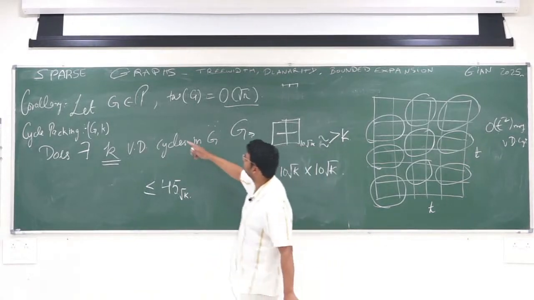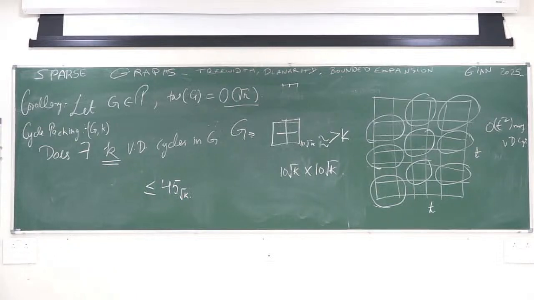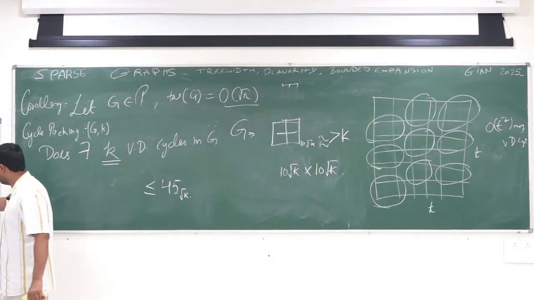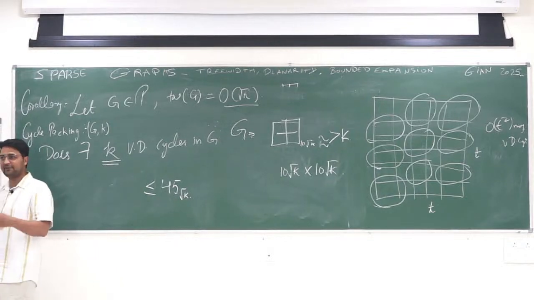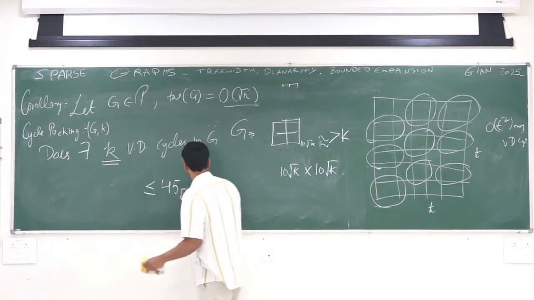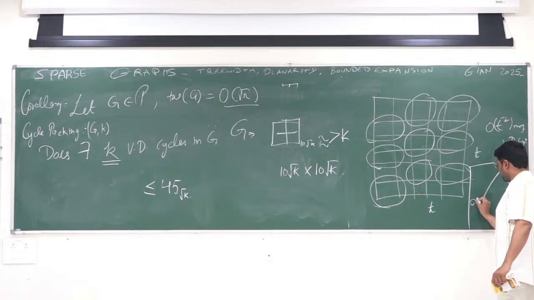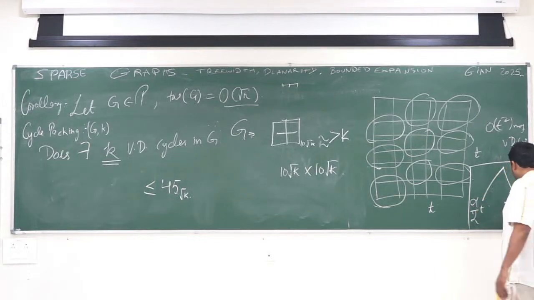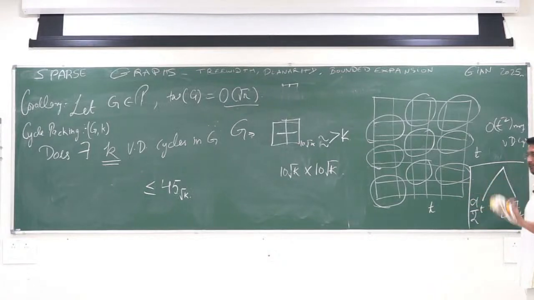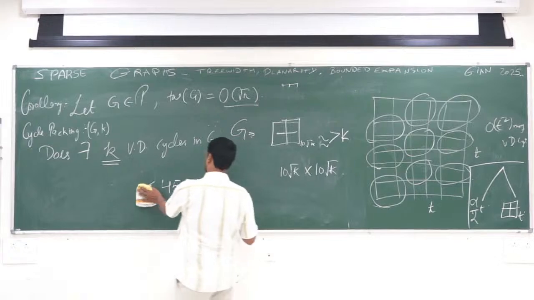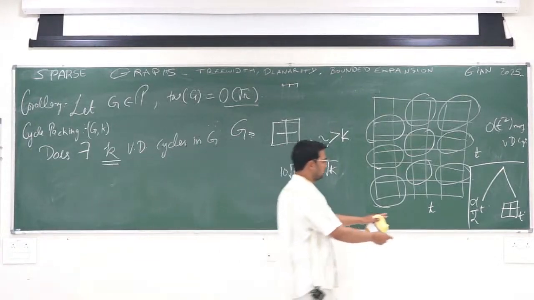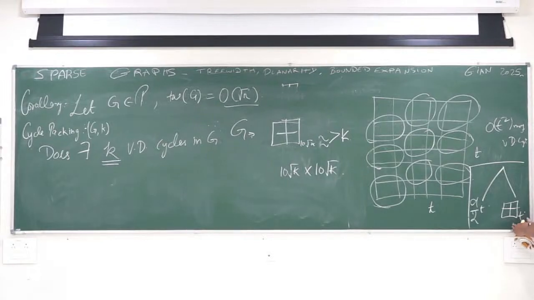I have an algorithm which, given a planar graph, either gives me a tree decomposition of width 9 by 2 t, or gives me this as a minor, and t is given as an input. Instead of t, let's say I give 10 times square root of k, or you can give any of these two things as input, 9 by 2 t or this. For the sake of convenience, for now, let's assume you give this value as input.